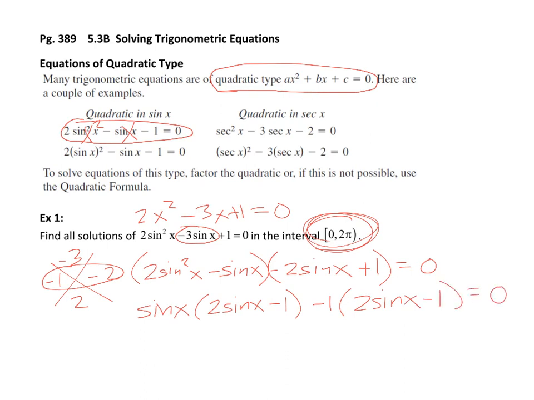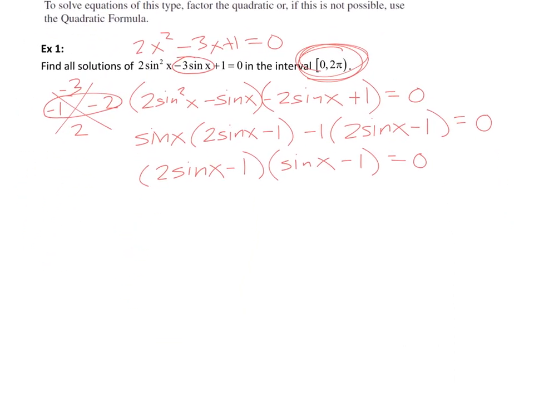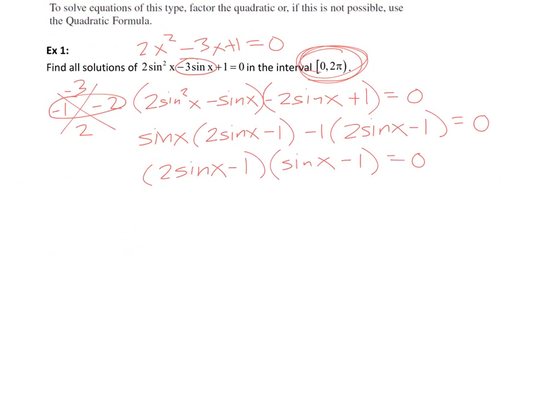From the two terms now, what do they share in common? They share in common 2 sine of x minus 1. And then what am I left with? I'm left with sine of x minus 1. It's factored now. So let's solve the equation by setting each factor equal to 0.